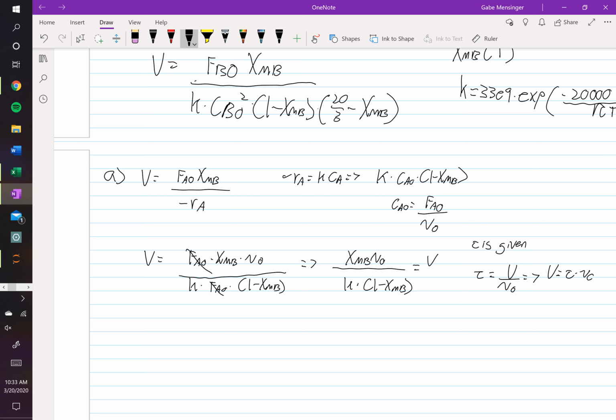So now we can make that substitution. So we got X MB times V naught over K times 1 minus X MB is equal to tau times V naught. Now our V naughts cancel, and we end up with XMB over K times 1 minus XMB is equal to tau.